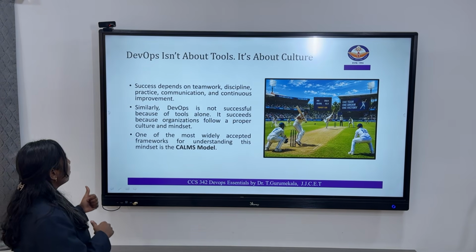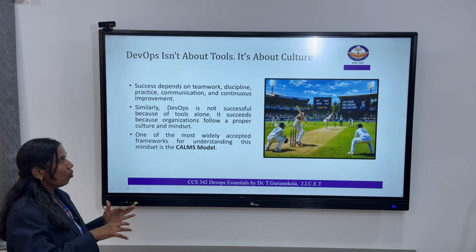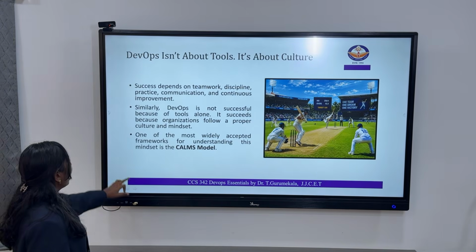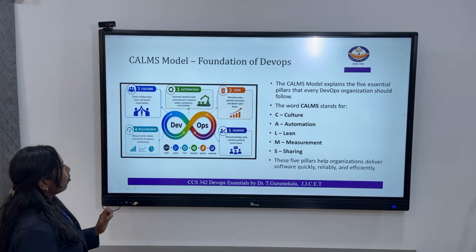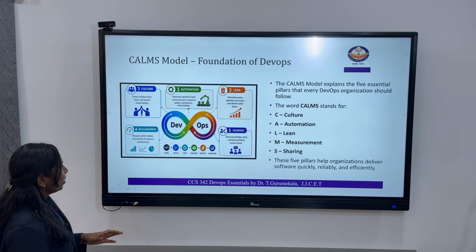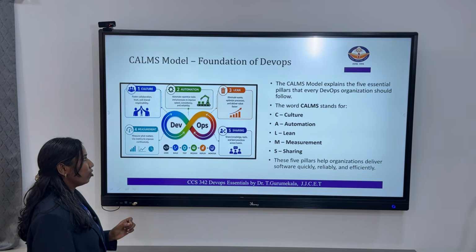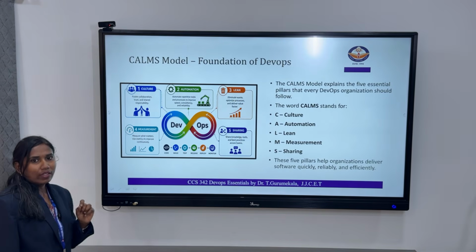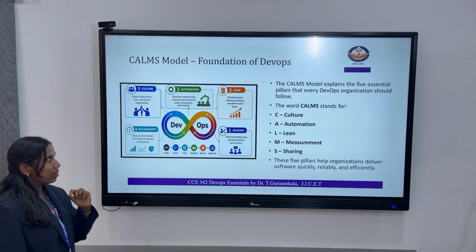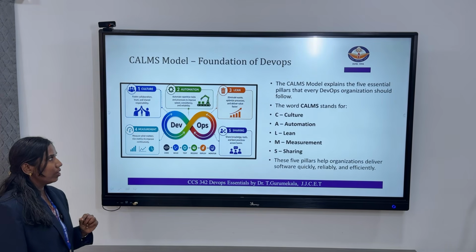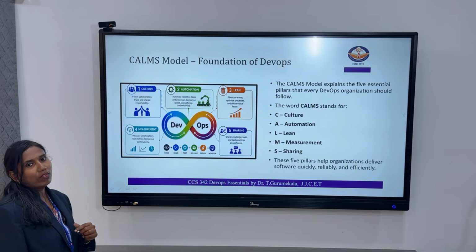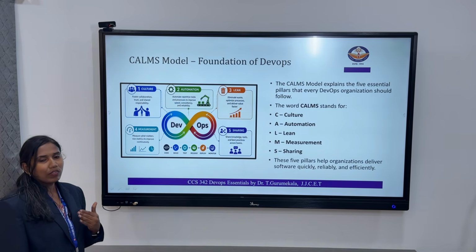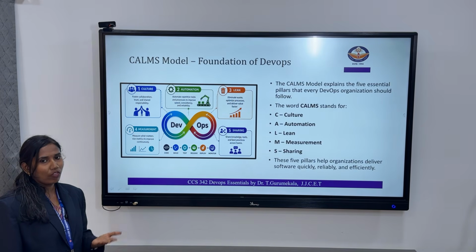So here DevOps has the CALMS model, which tells how the principles must be accommodated in the software product process. Here, C stands for culture, A stands for automation, L stands for lean, M stands for measurement, S stands for sharing. Culture means how the software development team must cultivate themselves. In the previous methodologies, whenever an error occurred, the team would start blaming each other: this is your fault, this is your fault.